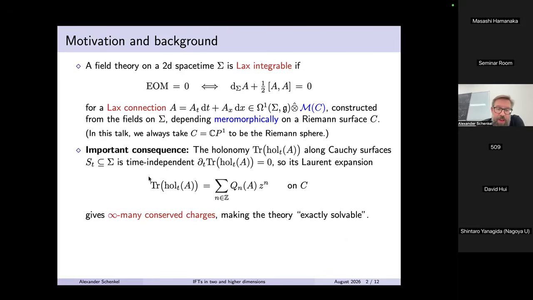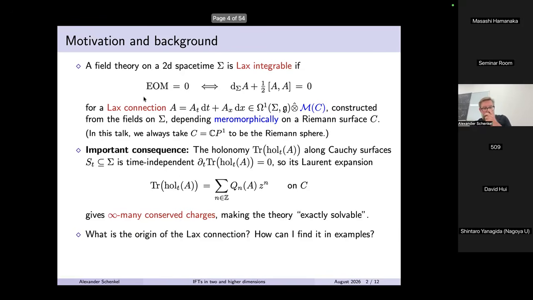So the key point about integrability, at least from my perspective, is that you can build these infinitely many conserved charges, and then people have developed over the years techniques which allow you to use these charges to exactly solve the field theory in the sense of writing down explicit solutions of the typically highly nonlinear equations.